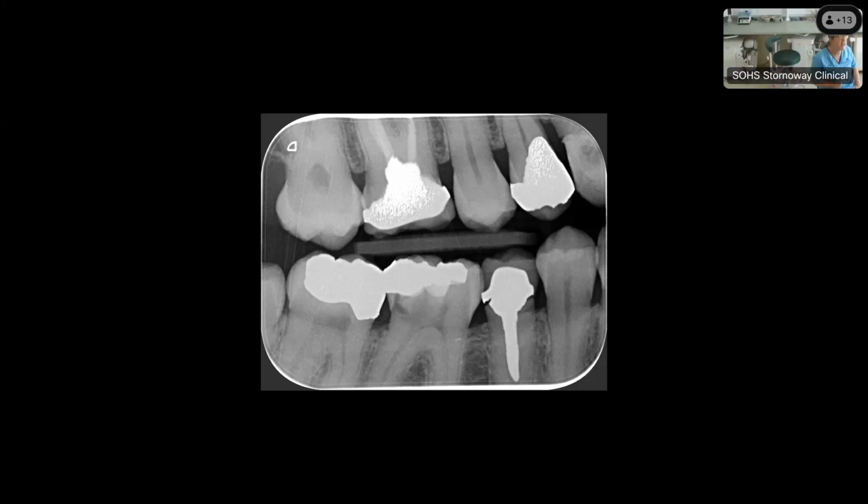It's a little bit tricky to see where the pulp is towards the distal of that tooth. Why do you think that might be? It's maybe shrunk away a bit because of the caries that's present. It's retreated a little bit. Yeah, the caries and the fact that it's got a restoration in it already that's probably been there quite a long time.